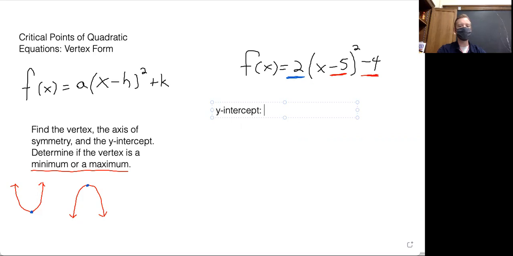For the y-intercept, you're going to plug 0 in for x, and you're going to work out what the result is. The y-intercept you're going to write as 0, comma, whatever your y is there. So you plugged in 0, that's where the first number in the point comes from. The second number is the number that you're going to calculate.